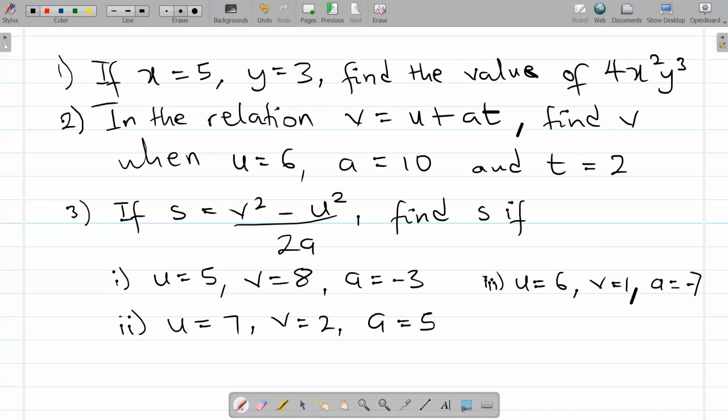What is that? Which one? Okay. So U is equal to 6, V is equal to 1, and A is equal to minus 7.